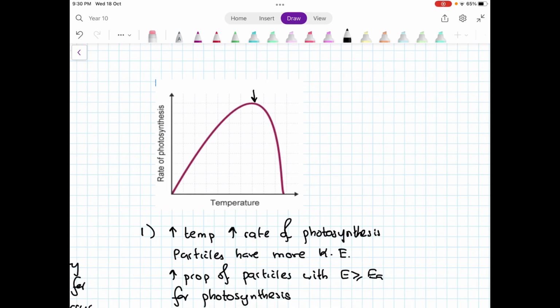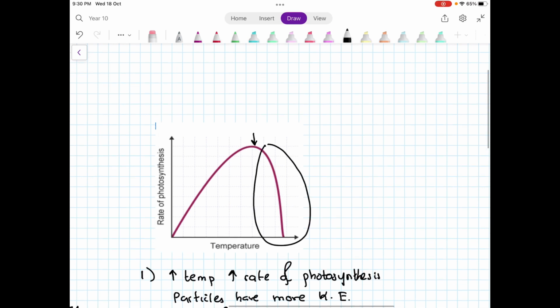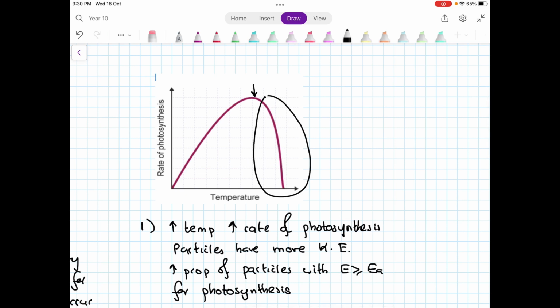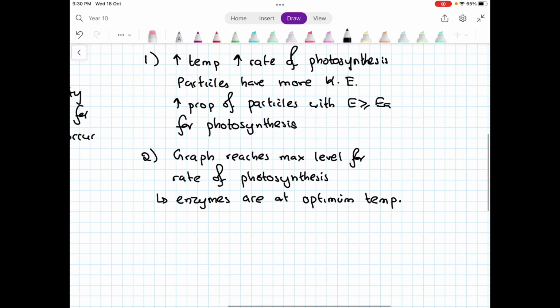However, beyond optimum temperature, in this portion of the graph, increasing the temperature causes a decrease in the rate of photosynthesis. So the relationship is negative. Now this is because enzymes are exposed to extreme temperatures, which means that the active site changes shape and it's no longer complementary to substrates involved.